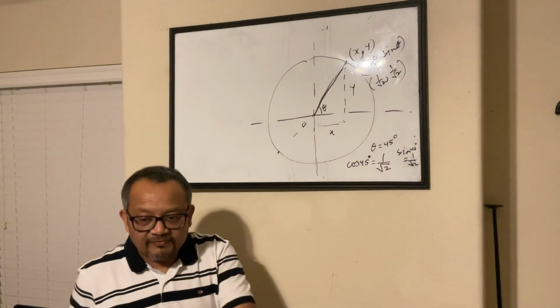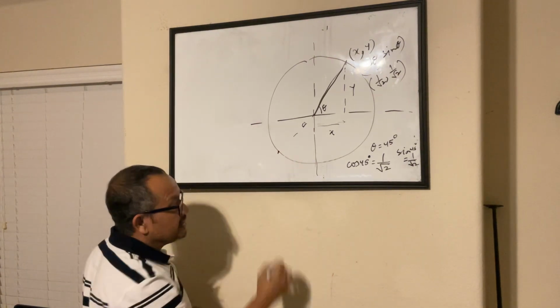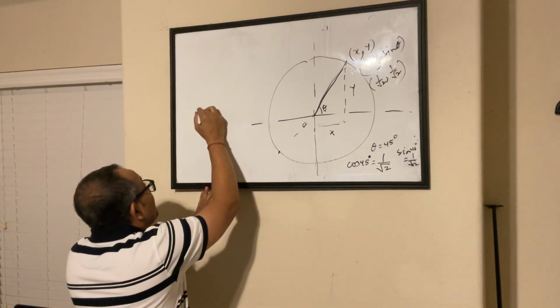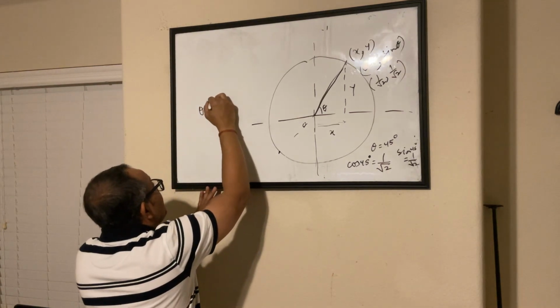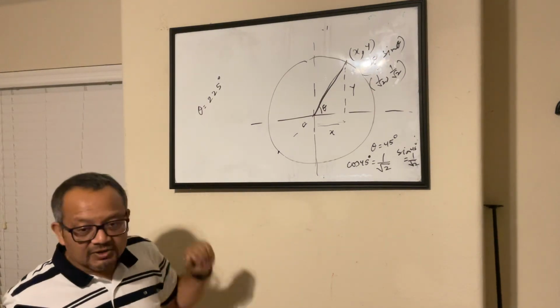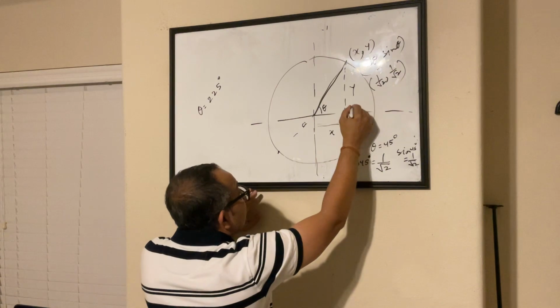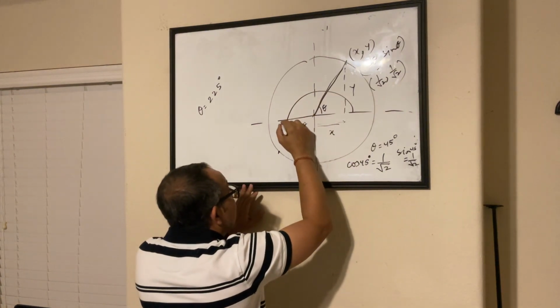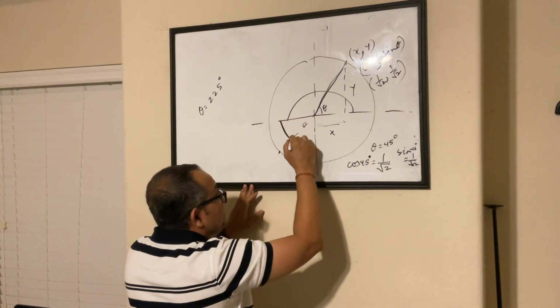If I say find out the x and y coordinate where the angle is 225 degrees, you're talking about completing 1 pi here and then traversing in the clockwise direction for another 45 degrees.